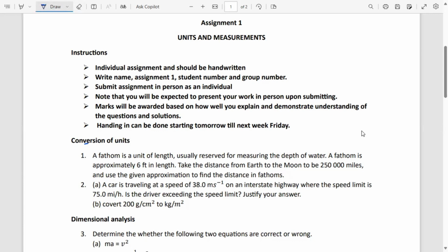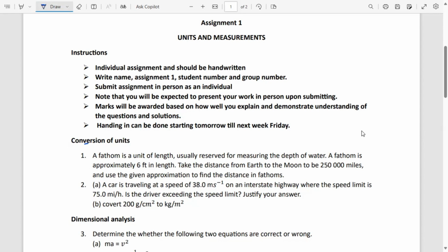Question one reads: a fathom is a unit of length, usually reserved for measuring the depth of water. A fathom is approximately 6 foot in length. Take the distance from Earth to the Moon to be 250,000 miles and use the given approximation to find the distance in fathoms.